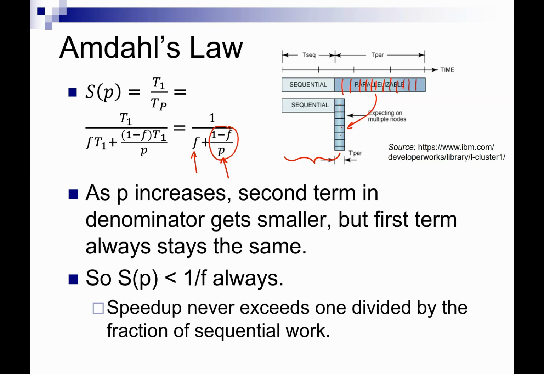Therefore your speed up is always going to be less than 1 divided by f, because this term here is always going to be non-negative. So no matter how many processors you're using, the speed up is less than 1 divided by f. This is an upper bound on the speed up that you get, no matter how many processors you use.